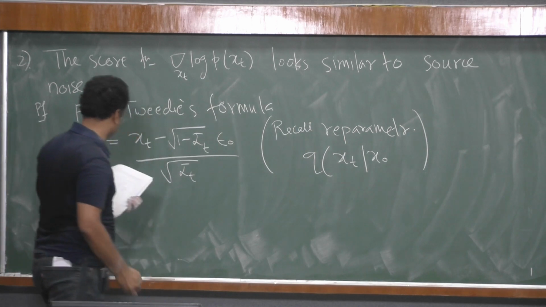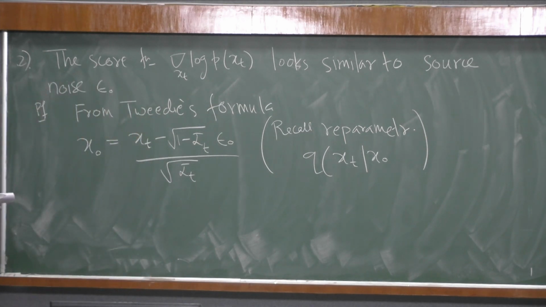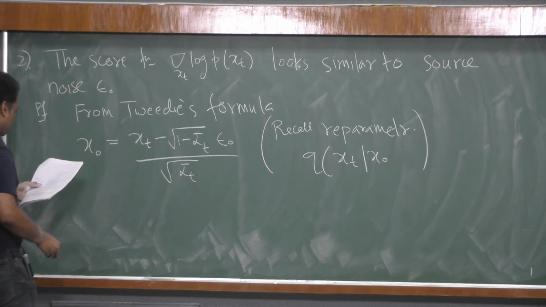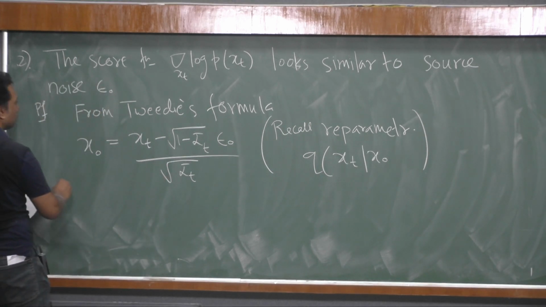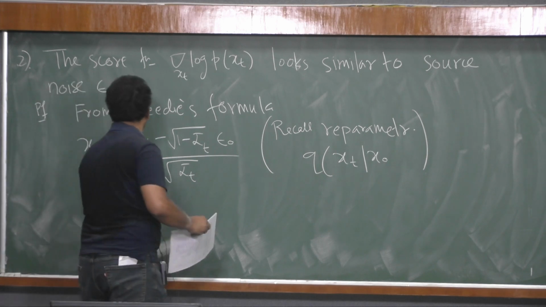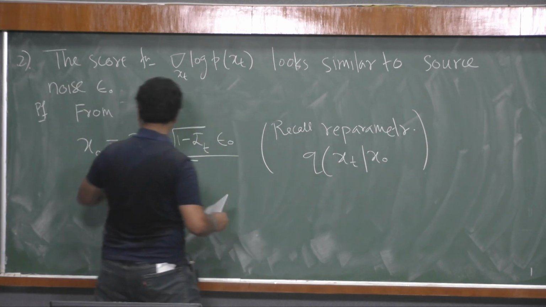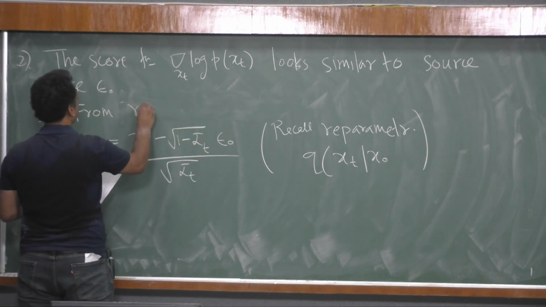This was the first expression we had, and in the second expression we had x naught computed from Tweedie's formula, right? So in the second case we had x naught also equal to, from reparameterization.